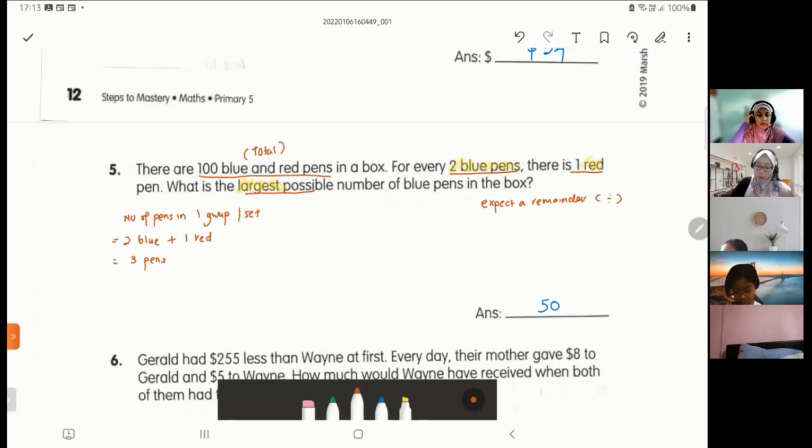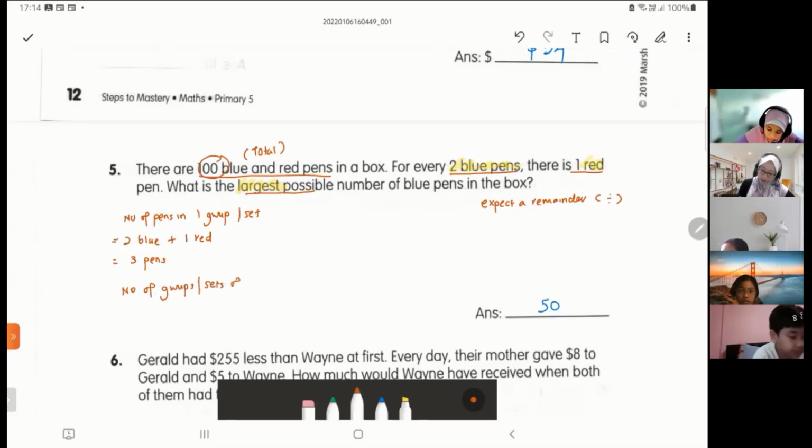Okay, now how many total pens do I have? I have 100. Can I find the number of total groups I can get from the 3 pens? The number of sets or the number of groups, right? I can, right? So we take the 100, number of groups or sets of pens equals the total divided by the 3.